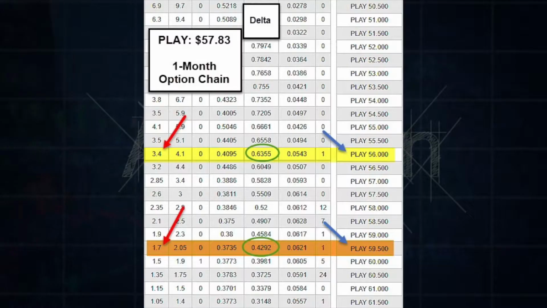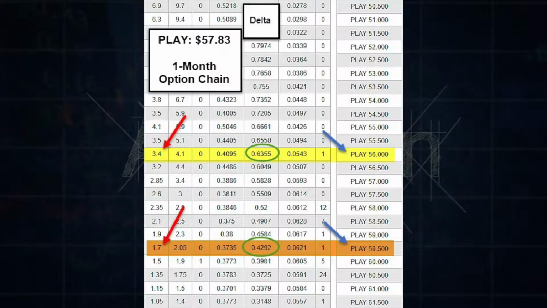So let's do an example here. We're going to use Dave & Buster's. The ticker is PLAY, trading at 57.83. We're going to look at the in the money 56 and the out of the money 59.50. So they're about equidistant from the current market value.